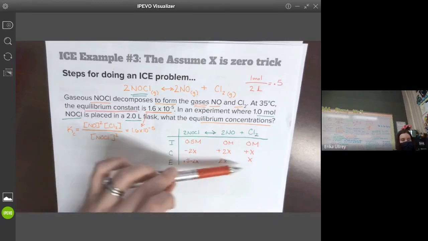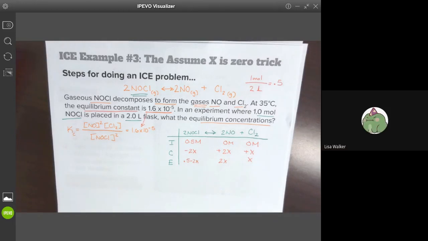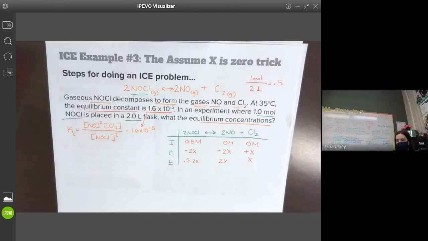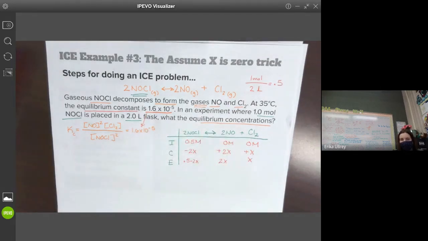Where do we put them next? I want to see if Lisa knows first. What are we going to do with these numbers that we got down here at the bottom of our ICE table? Where are we going to put the 2x, the x, and the 0.5 minus 2x?